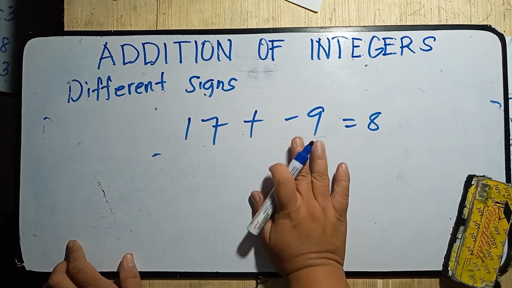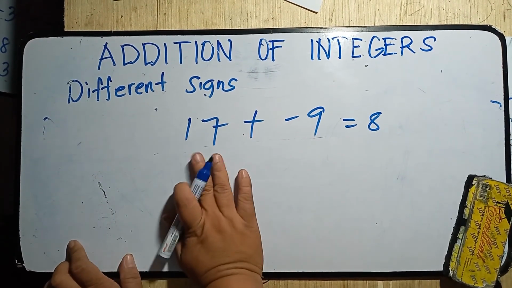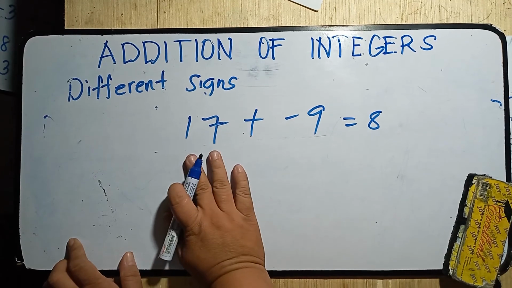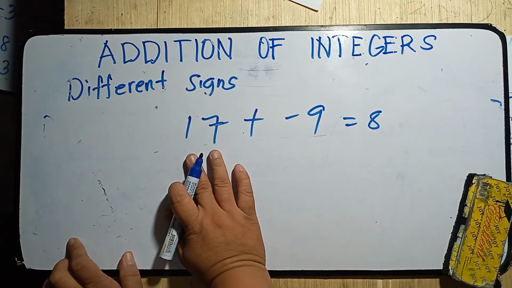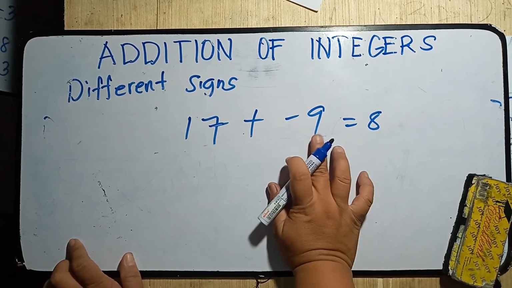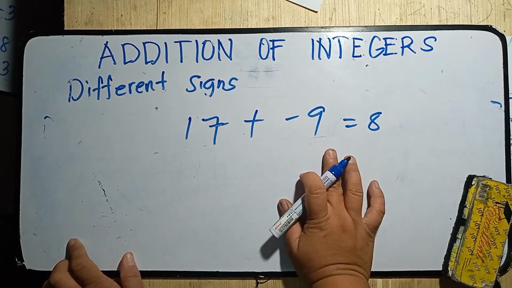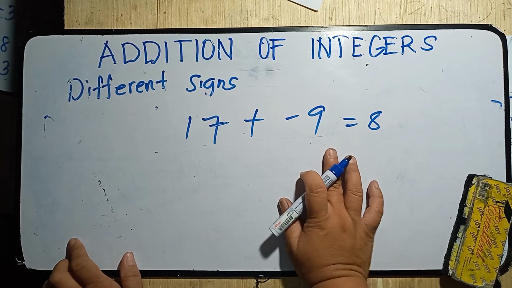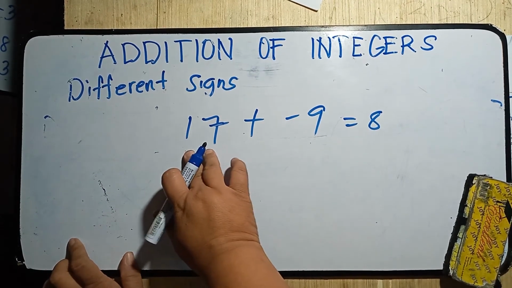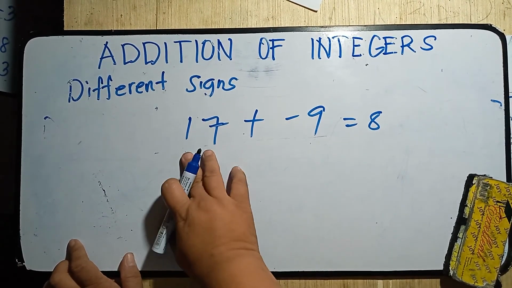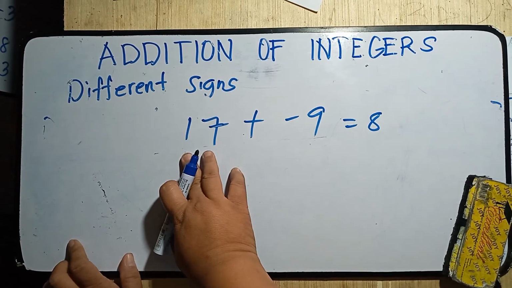Okay? Kung mapapansin ninyo, binabawasan lang natin yung number with bigger absolute value. Let's say, 17 minus 9. So, that is 8. Tapos, kukunin natin yung sign ng number na yon na may mas malaking absolute value.